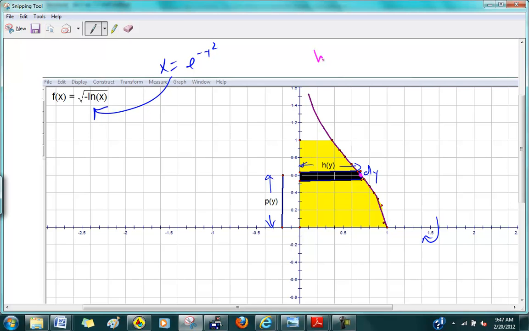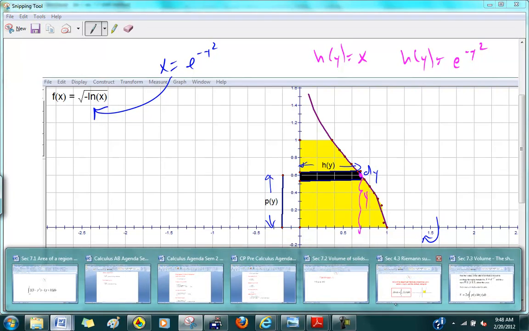So h(y) is actually equal to x, so h(y) becomes equal to e to the minus y squared. And then p(y) is just the y coordinate of this point, because remember the y-coordinate is the distance from the x-axis.